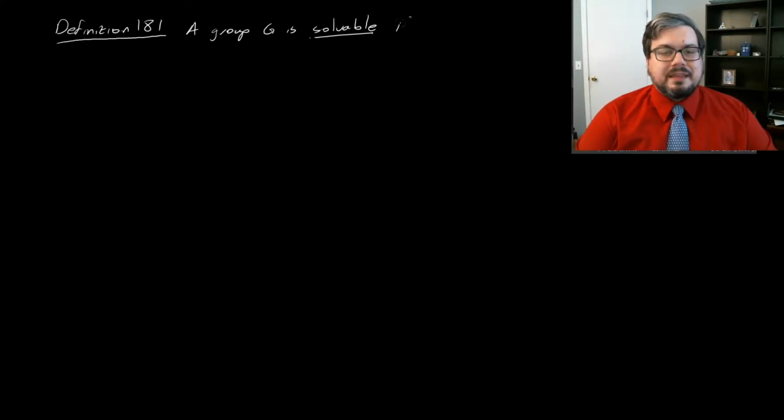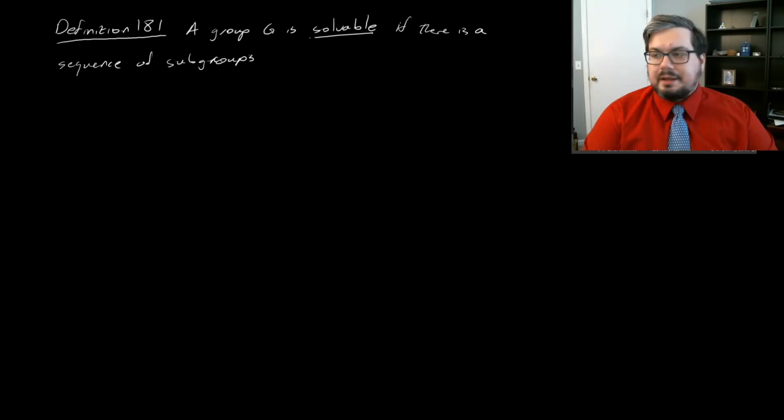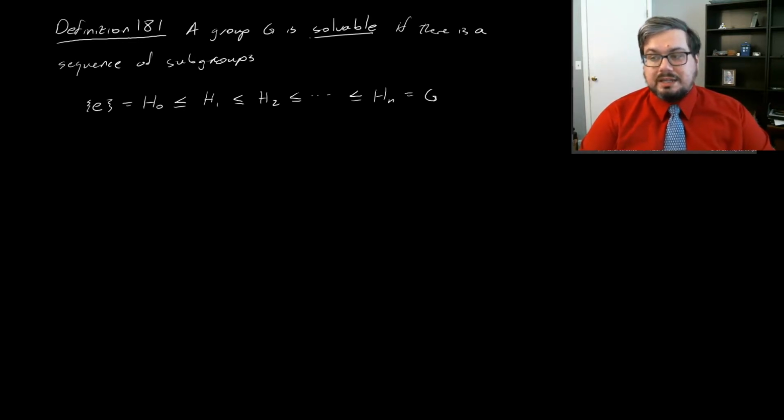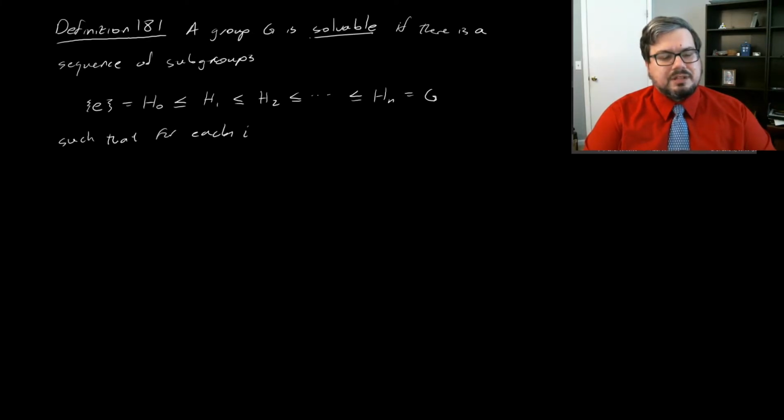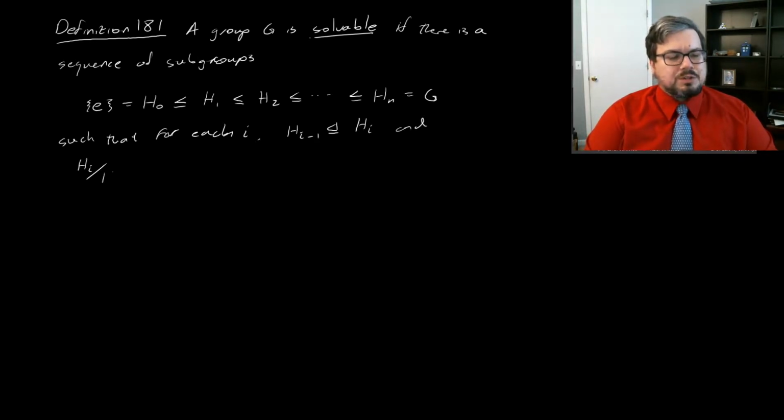So a group G is solvable if there is a sequence of subgroups, the trivial subgroup being called H0, and that's going to be a subgroup of H1, which is a subgroup of H2, etc., up through Hn, which is the whole group G, such that for each index i, we have that Hi minus 1 is a normal subgroup of Hi, and the quotient Hi mod Hi minus 1 is abelian.